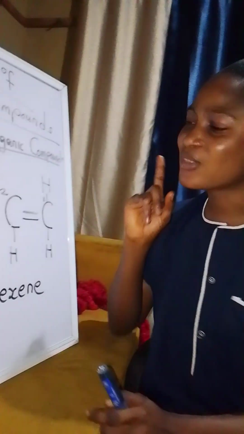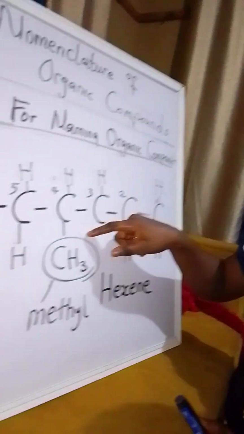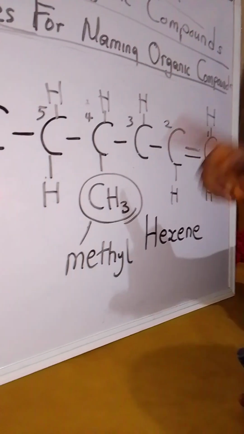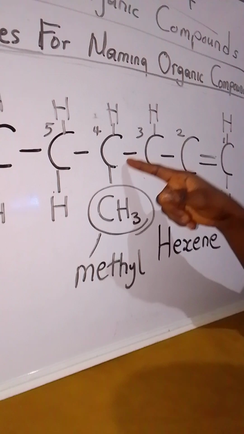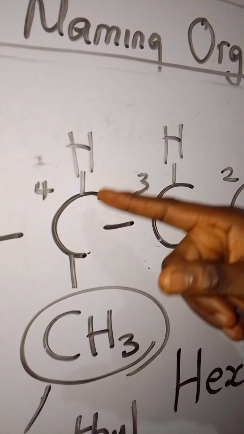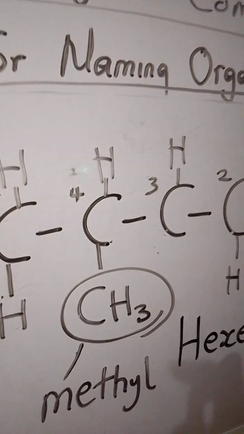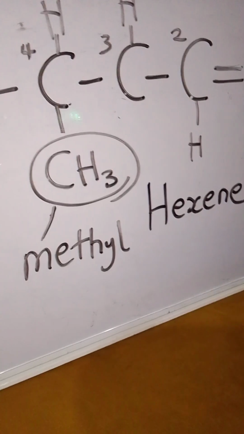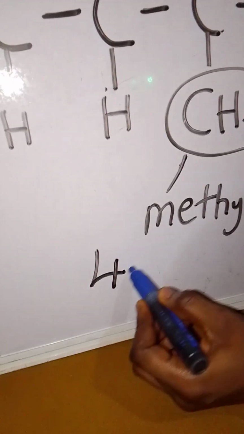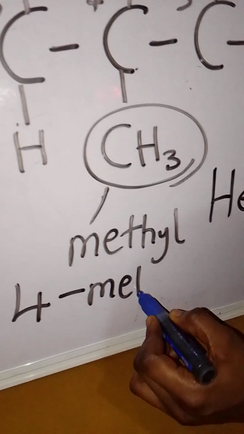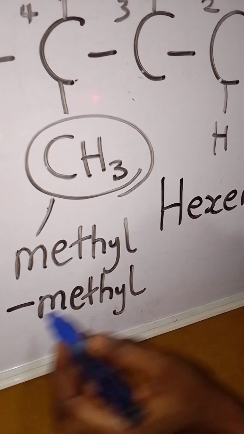How do we combine them? Now note, this methyl is sitting on what carbon? This is number 4 carbon. Can you see that now? So if you want to name this methyl, you're going to write it as 4-methyl, 4 hyphen methyl.